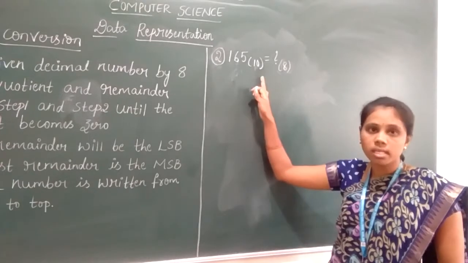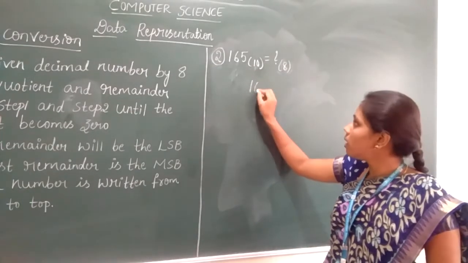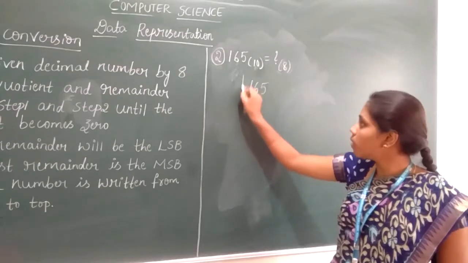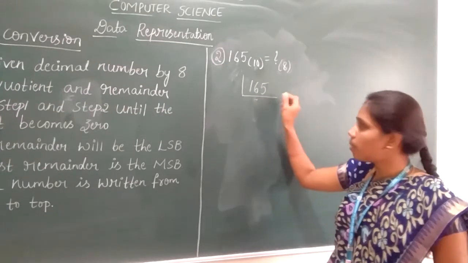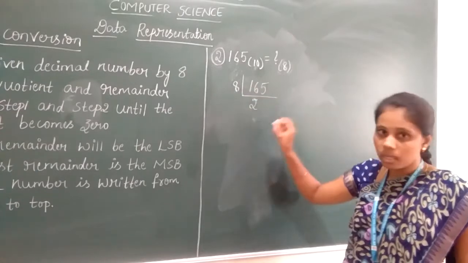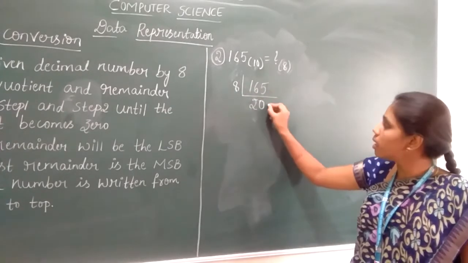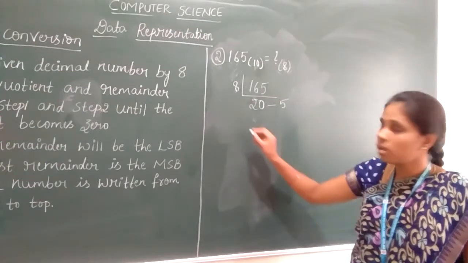Now we will see one more example problem. Divide this given number by 8. Take the decimal number, divide it by 8. So 8 20s are 160. 5 is left out, 5 cannot be divided, so take 0, the remainder is 5.